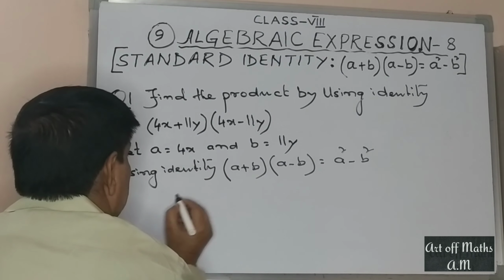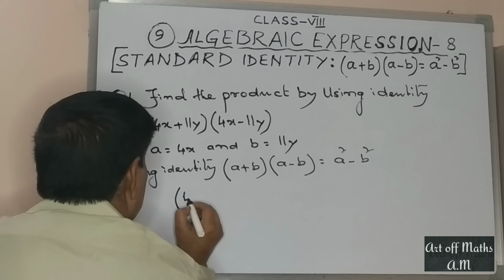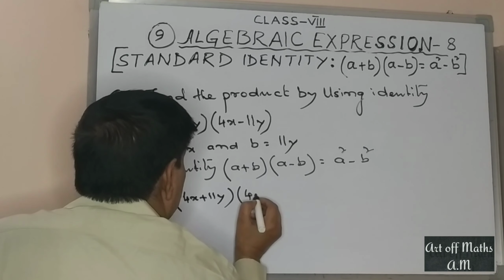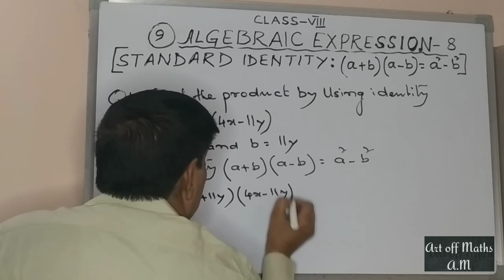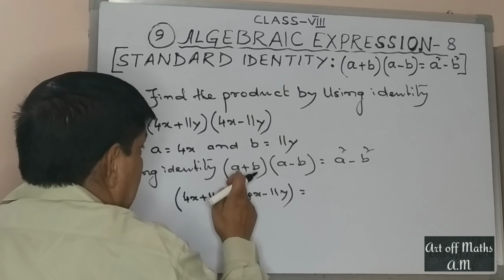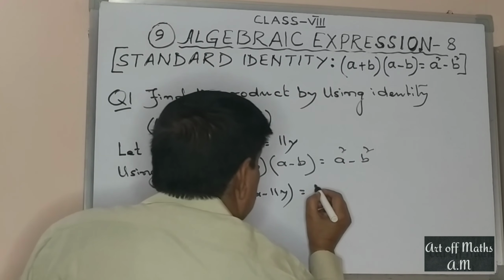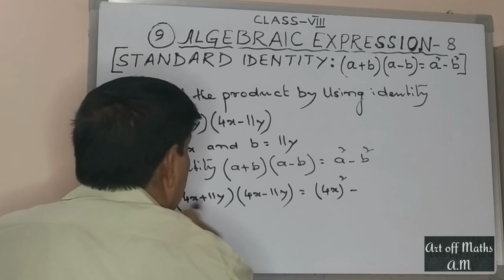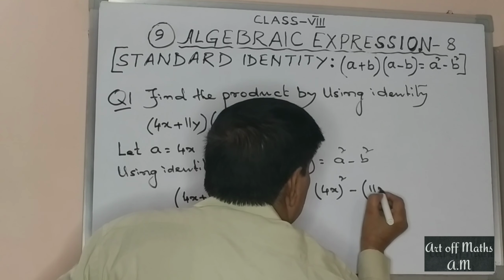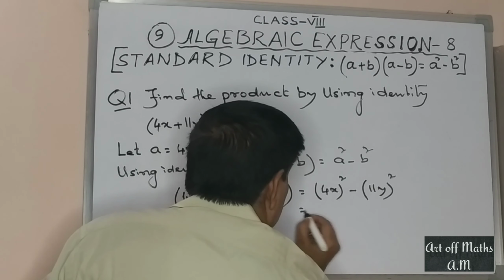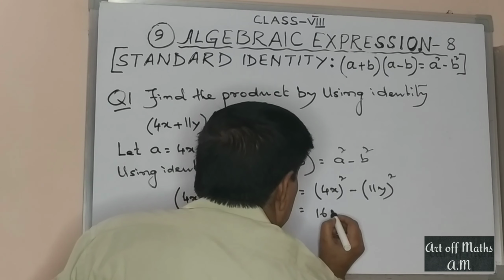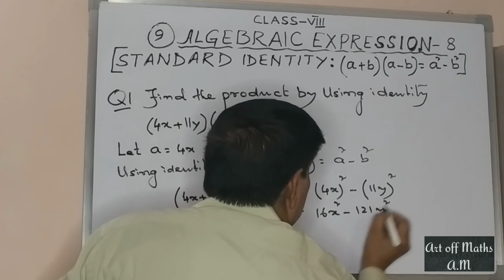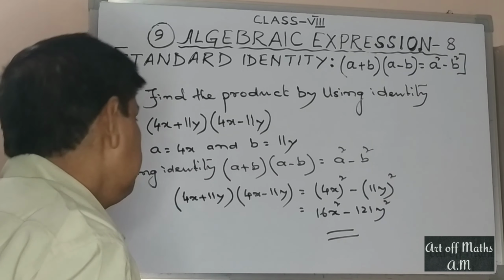Now we have (4x plus 11y) into (4x minus 11y). First element a, square of the first element, that means (4x) whole square, minus square of the second element, that means (11y) whole square. We will get 16x square minus 121y square. In this way.